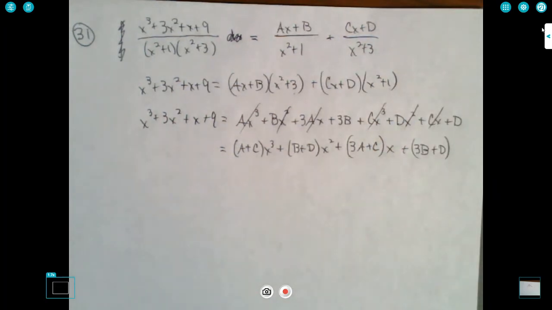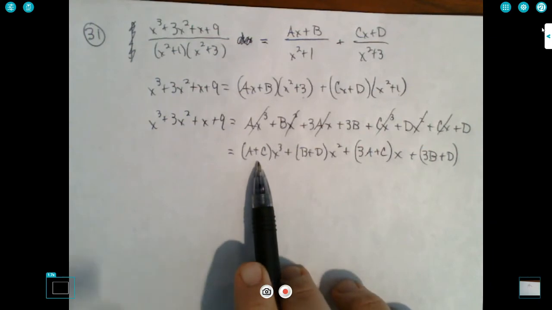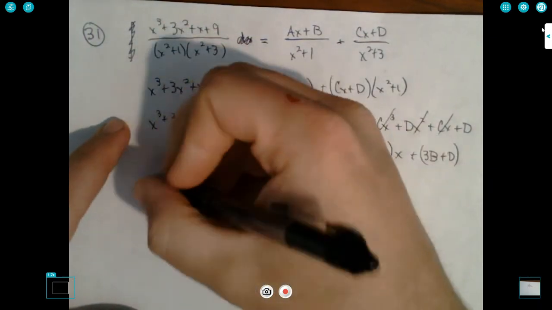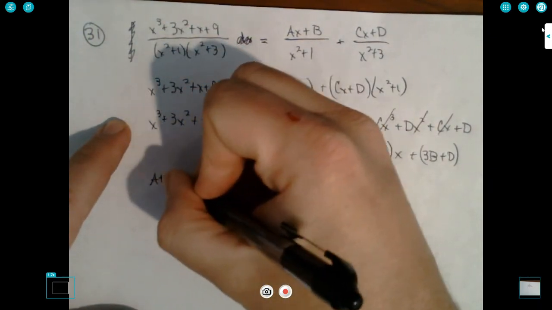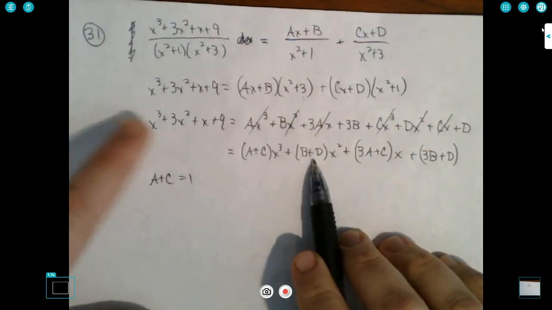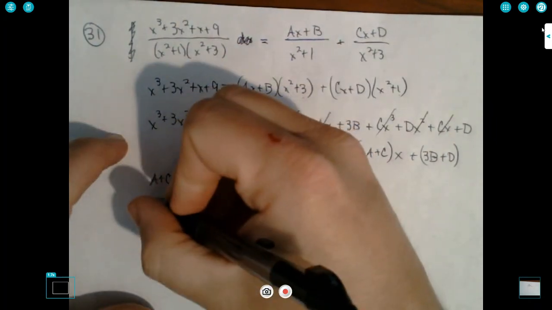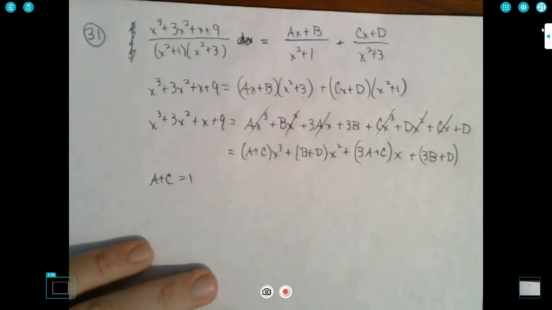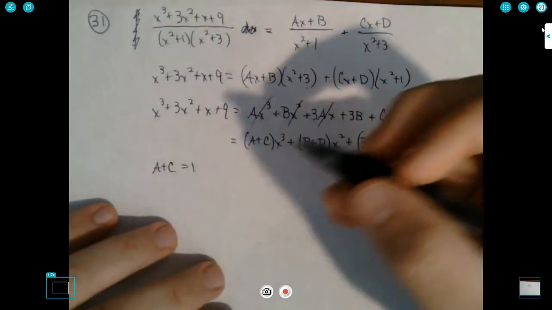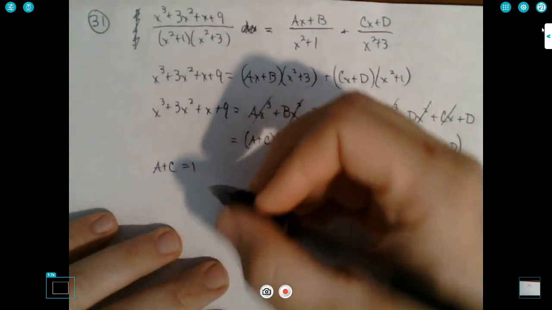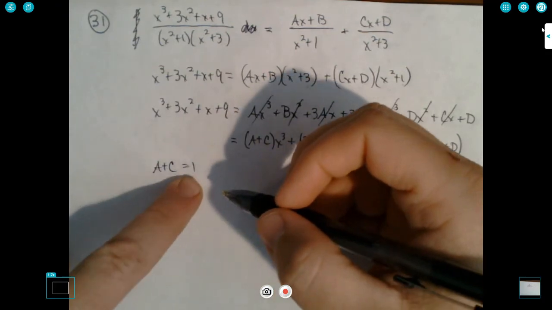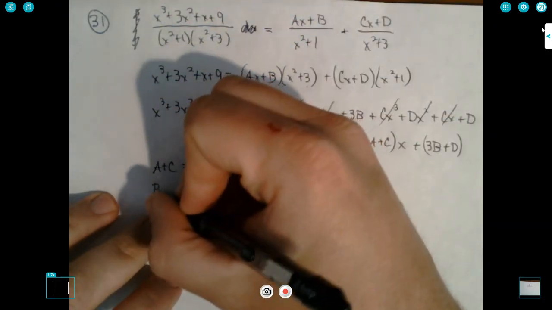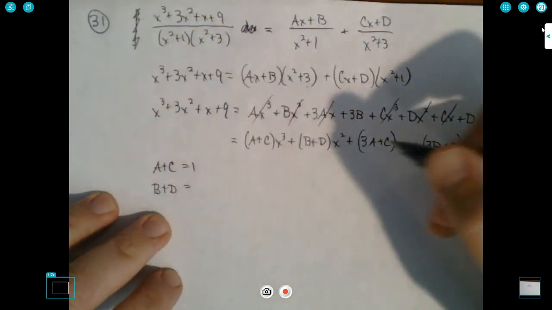So this actually isn't terrible, I think. But this is where you get your system from. We know that a plus c has to equal 1. b plus d has to equal 3. It's sometimes helpful to space it out, but I've already written some stuff down, so it's okay.